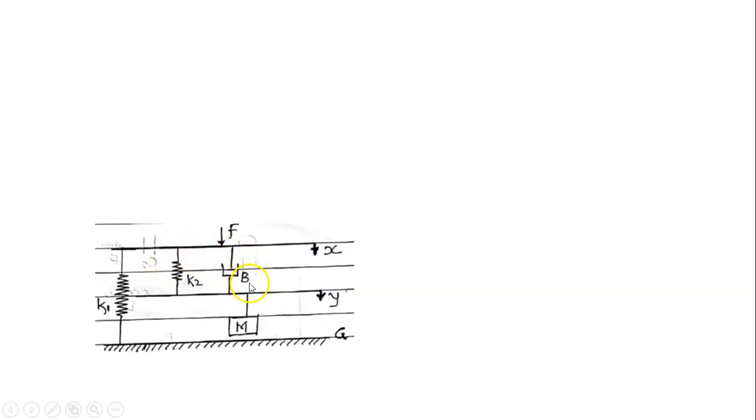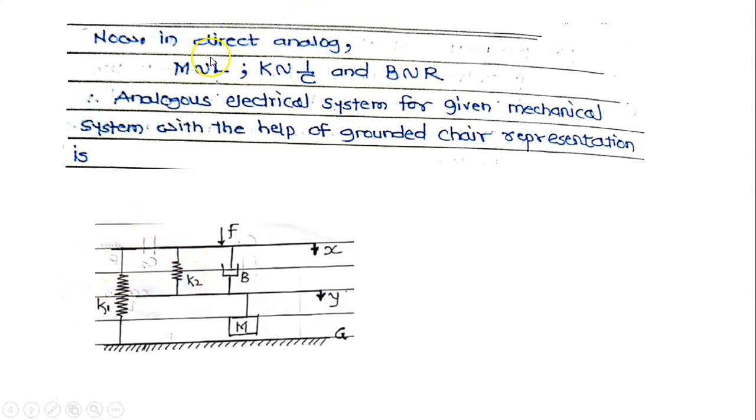And this K2 and B are in parallel with M. Therefore, this M we have to replace by the capacitance, and that capacitance will be in parallel with these two electrical elements. And at last we have to show this one element in series replaced by K1. Therefore, now in direct analog, M is equal to L, K is equal to 1 upon C and B is equal to R.